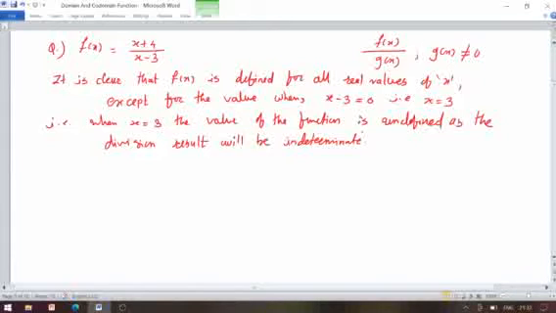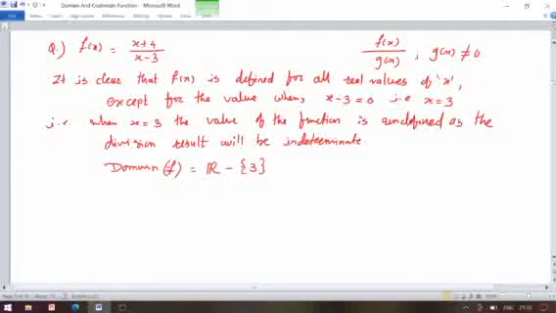So the domain of the given function is the set of all real numbers except 3. That means we can write it as R minus the singleton set {3}.